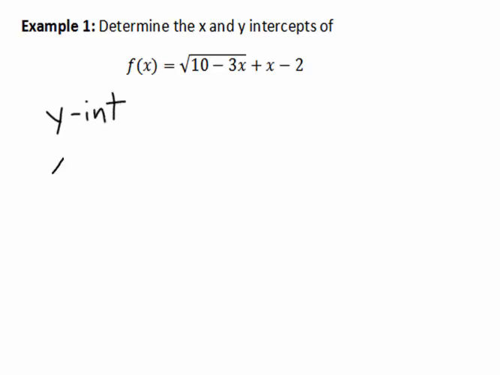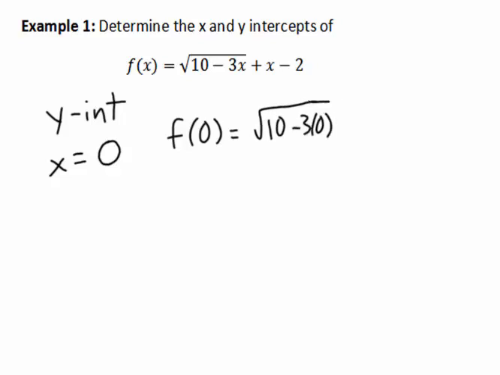And the y-intercept is often easy because all we have to do is set x equal to 0. So we're going to take our f of 0, put 0 into our function, and see what we get. Well, we just get the root of 10 minus 3 times 0, plus 0 minus 2, which is pretty easy to see.